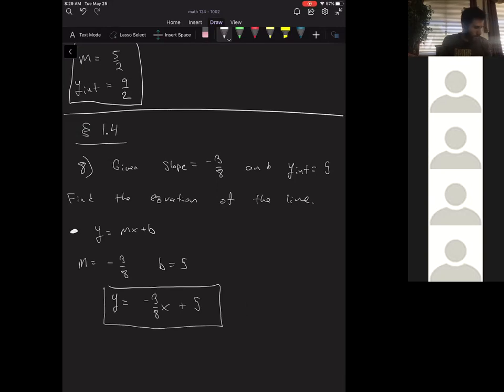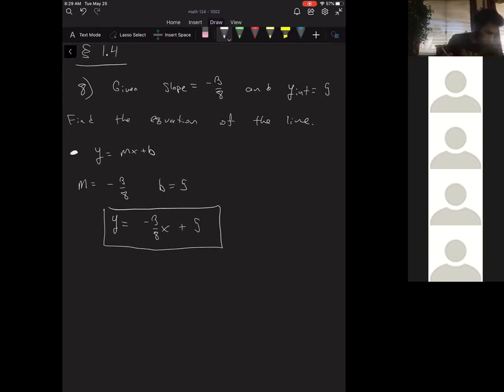Okay, we can do one more of those. Let's do number 13. So this tells us that the slope is equal to 2 over 9.